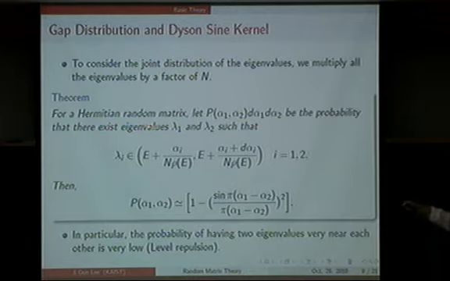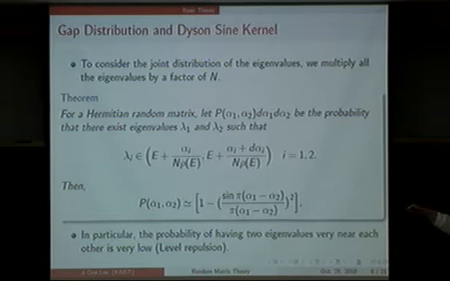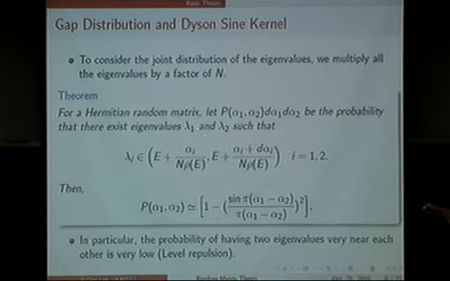According to the Dyson sine kernel, if you consider the probability density P of alpha 1 and alpha 2, where alpha 1 is around E, and you consider a small domain of alpha, then lambda 1 is in the interval alpha 1 to alpha 1 plus a small amount, and alpha 2 is between E plus some number, and so on.